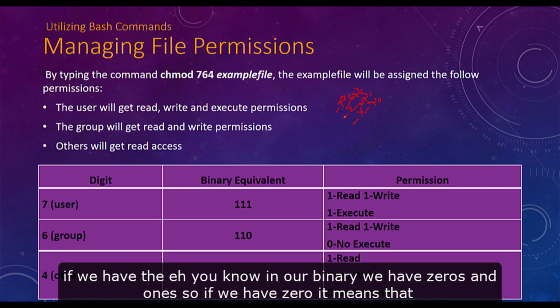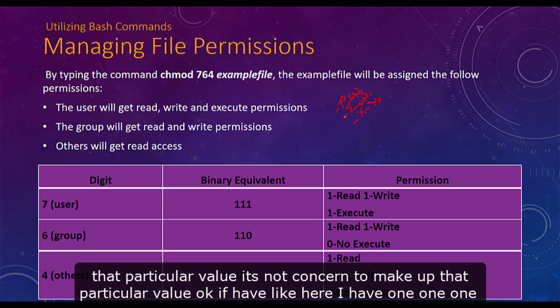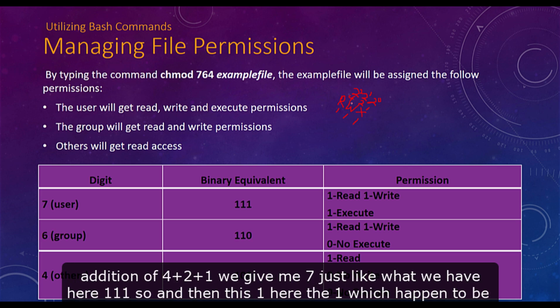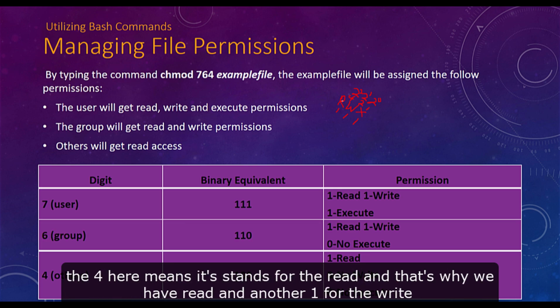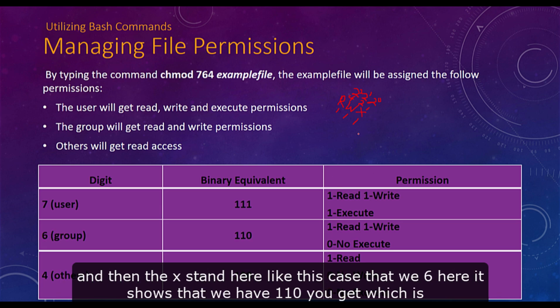If we have a zero, it means that particular value is not part of making up that value. So if I have 1 1 1, it means the addition of 4 plus 2 plus 1 gives me 7. The one that is 4 stands for the read, another one stands for the write, and then the x stands here.